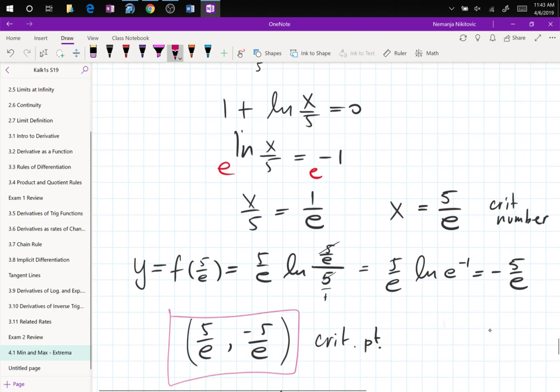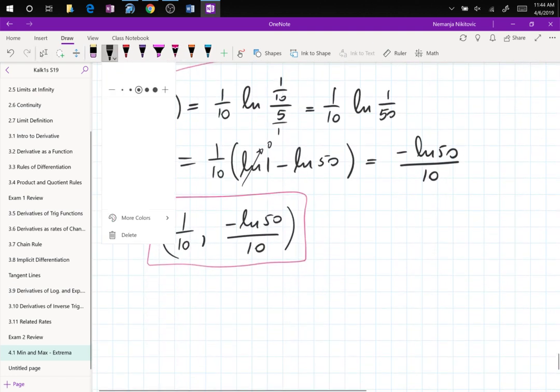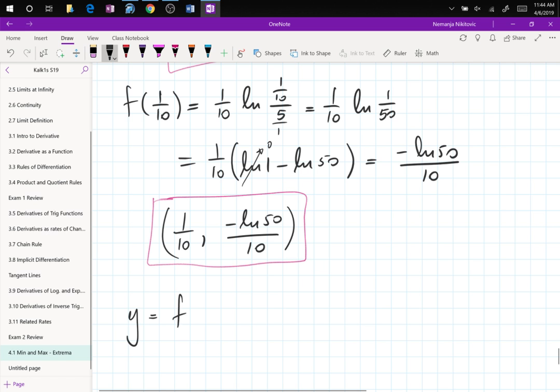And finally we get to use the other limit, which is 5. Now that one is going to give us 0. So y equals f of 5, which is 5 times ln of 5 over 5, which is 5 times ln of 1. Now that goes to 0, so the whole thing is 0.